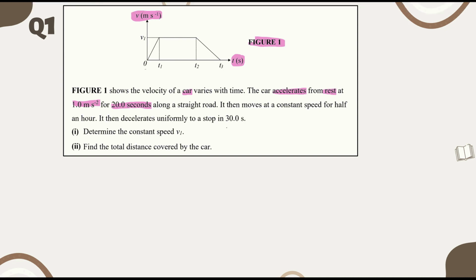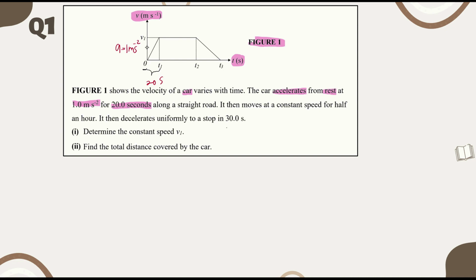It accelerates from 0 to t1, and for this part it has acceleration a equal to 1 meter per second squared within 20 seconds.